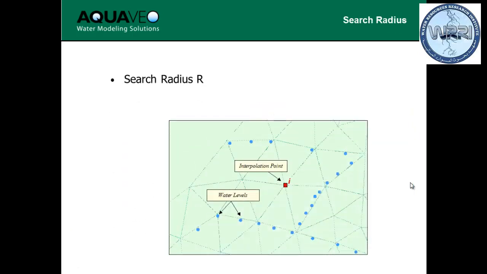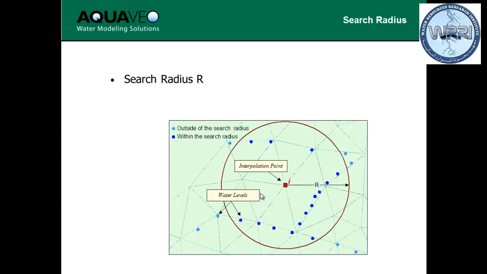So the max search radius: when I delineate a floodplain, WMS looks at each point. This is my tin here. It looks at each point on my tin, on my elevation data, and tries to find water surface elevation points. These blue points are my water surface elevation points. Those are my water levels. WMS tries to find water surface elevation points within a radius of each point on my tin.